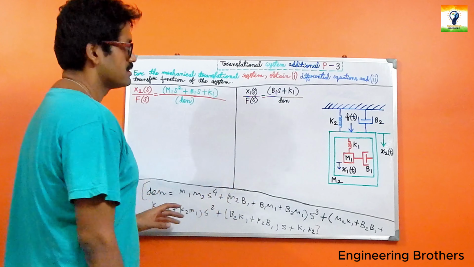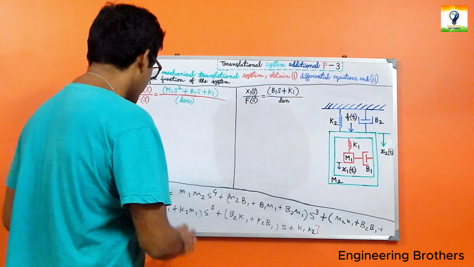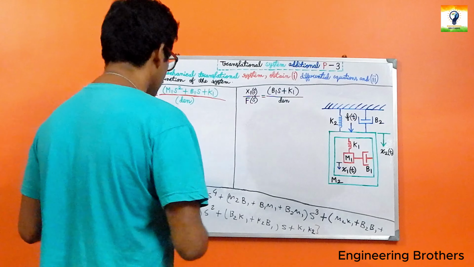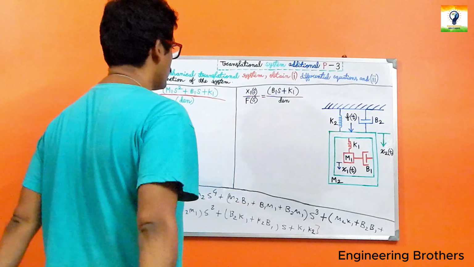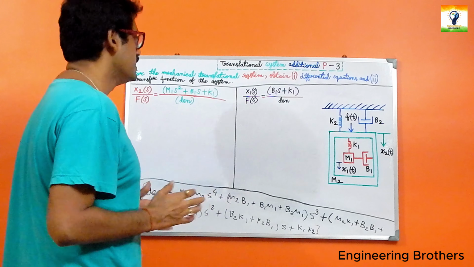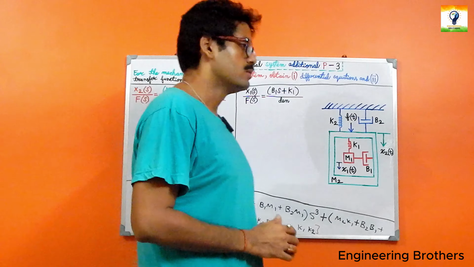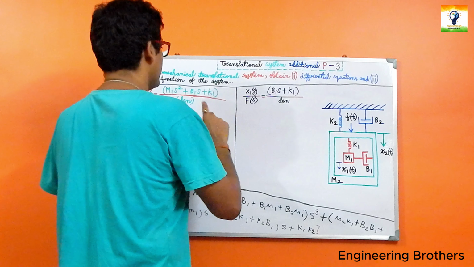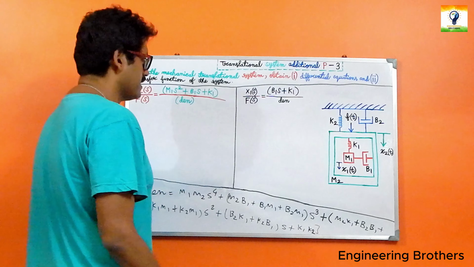In this current problem, we can assume that the denominator is this one, which is quite naturally the same. So while finding the ratio for X2(s)/F(s) or X1(s)/F(s), we have identified that the numerator will be different for both cases, but the denominator will be the same for both.